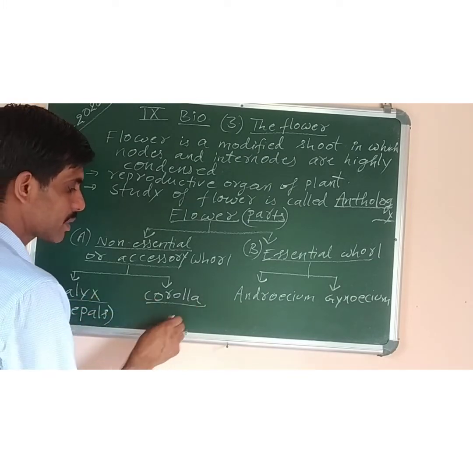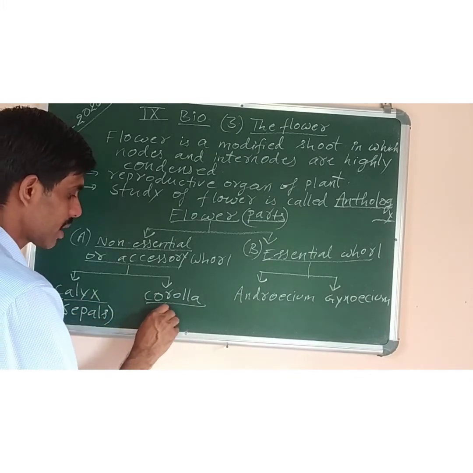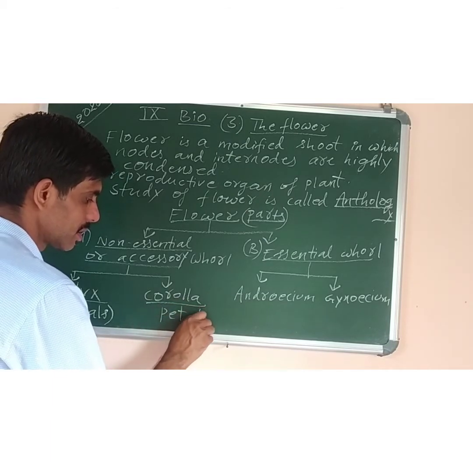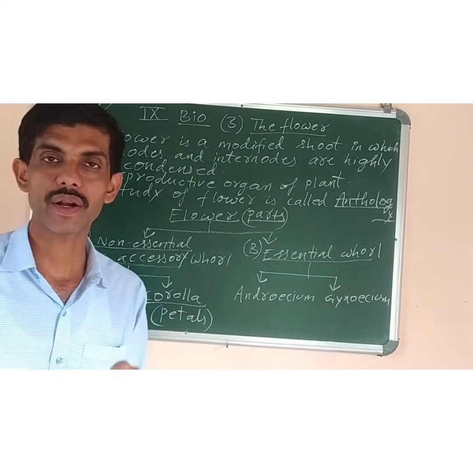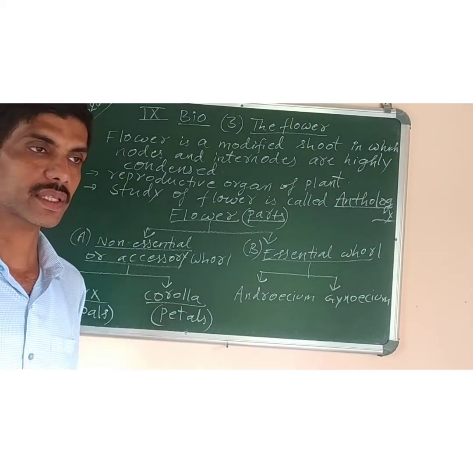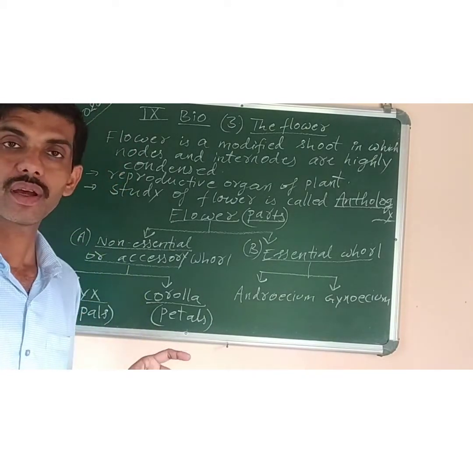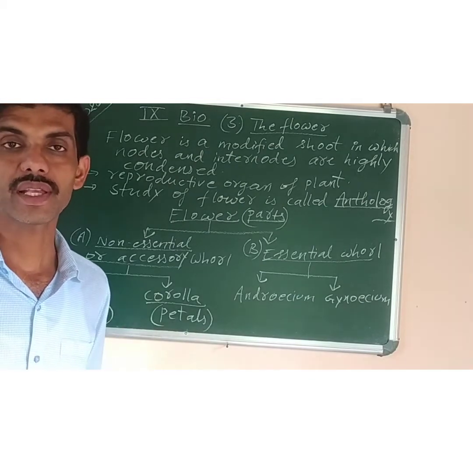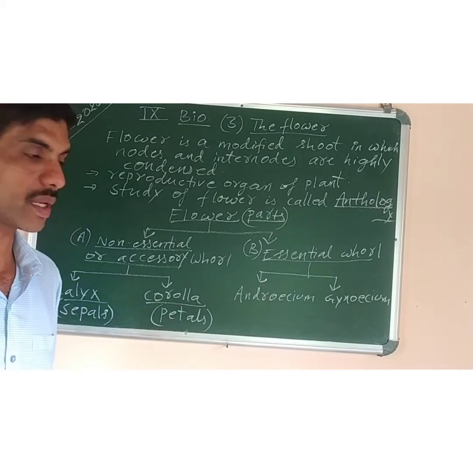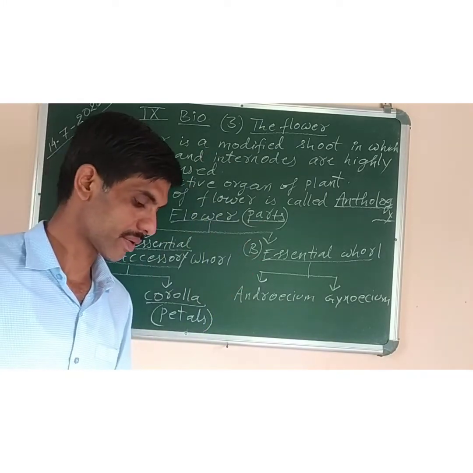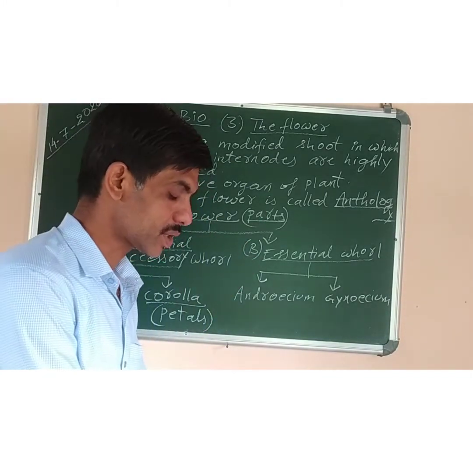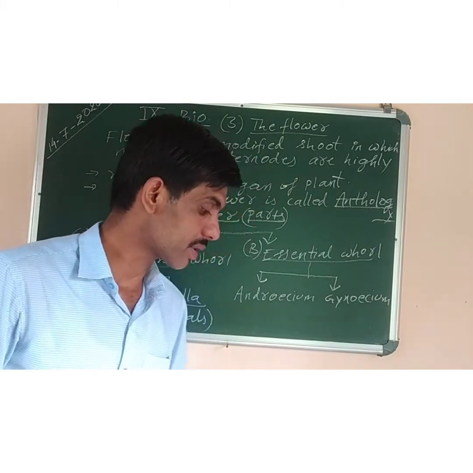Corolla is made up of colorful leaves which are known as petals. Sepal is the smallest unit of calyx. Many sepals together are collectively known as calyx. Similarly, all the colorful petals together are known as corolla. Got it?